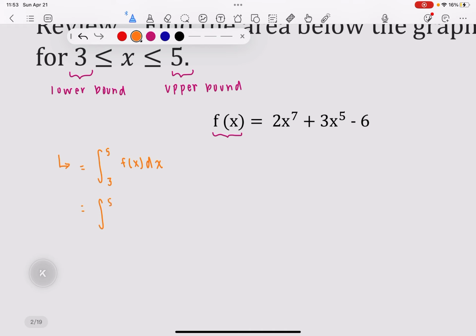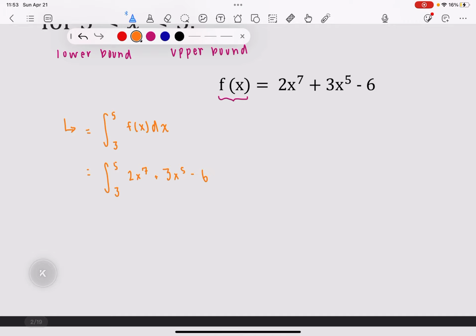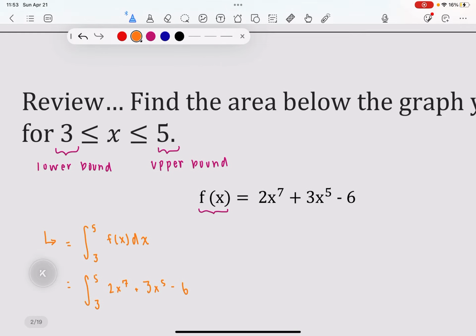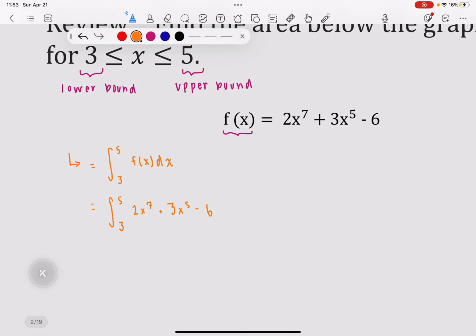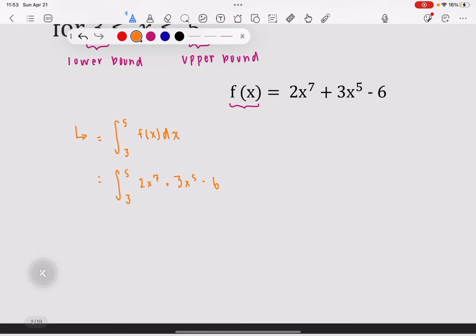So this is going to be equal to this, and then we're going to apply the formula or the equation that was given. And whenever we find area, we are typically finding it between two bounds in order to give us a definite answer.